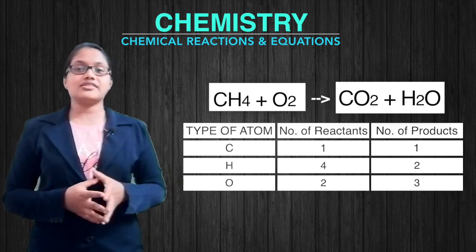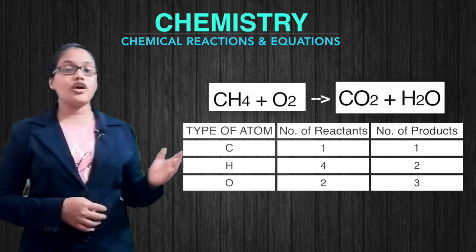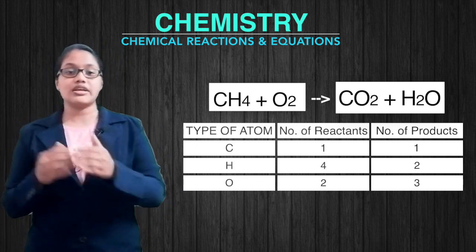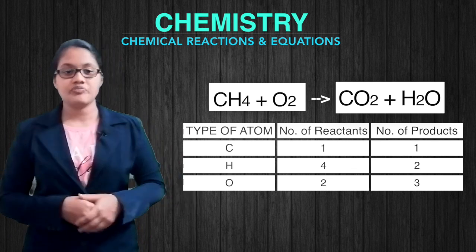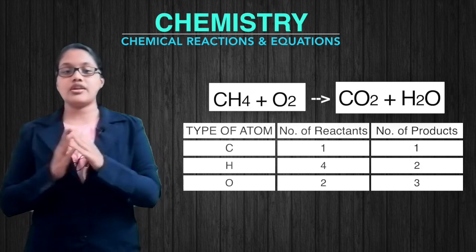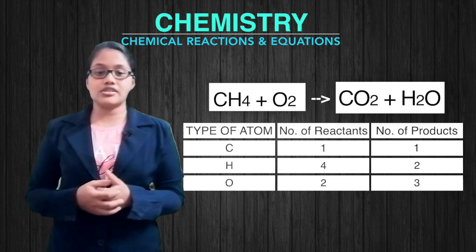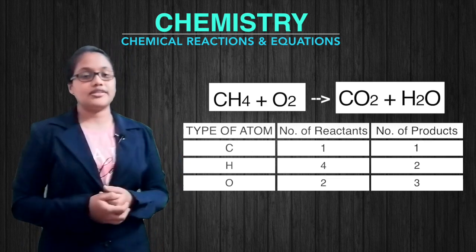So in the reactant side, the numbers will be like 1, 4 and 2, and in the product side, the numbers will be like 1, 2 and 3, which means carbon is 1 on both reactant and product side, hydrogen is 4 in the reactant side but 2 in the product side, and if we take the case of oxygen, it is 2 in the reactant and 3 in the product side.